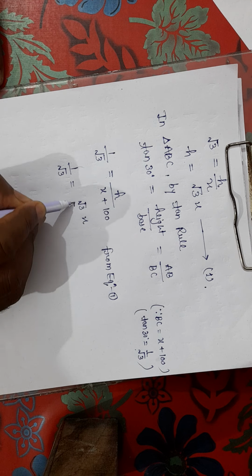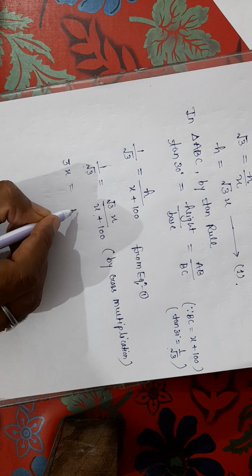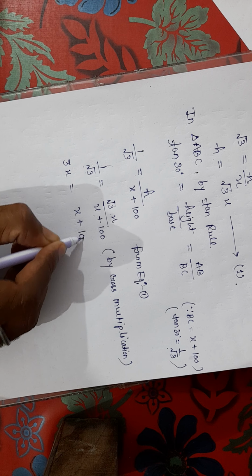Now multiply this value and this value by cross multiplication. We get root 3 times root 3 equal to 3x, and this value is x plus 100.